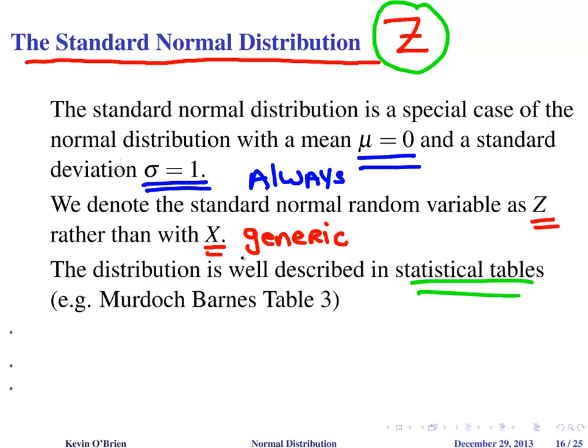One example, used in the university I work in, is the Murdoch-Barnes tables. There are other types of tables as well, and they work slightly differently to the Murdoch-Barnes, so it's worth looking at that later on.